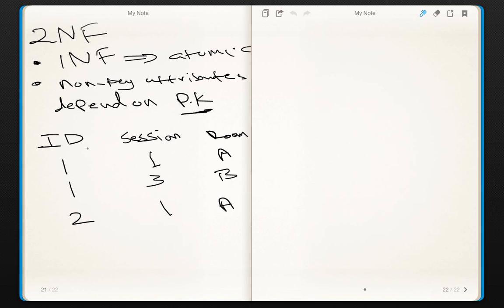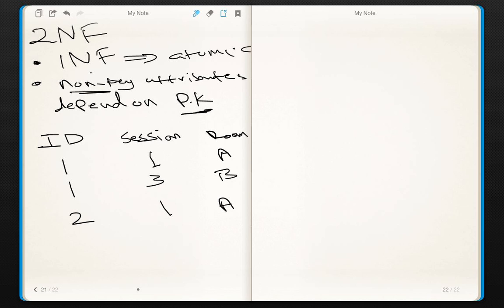Right. So we have this table: ID, session, and room. So we said that obviously this table is already in first normal form. But we have this problem here that the non-key attributes must depend on the PK, the primary key.